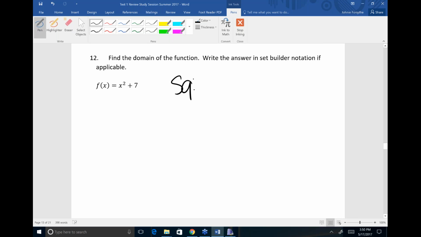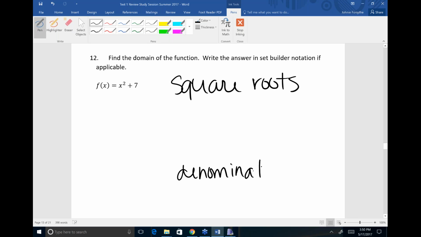So there's two kind of red flags you want to watch for. So square roots is one red flag, and then denominators is another red flag. So for square roots, you do not want a negative under the square root.